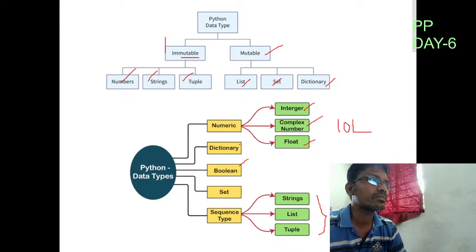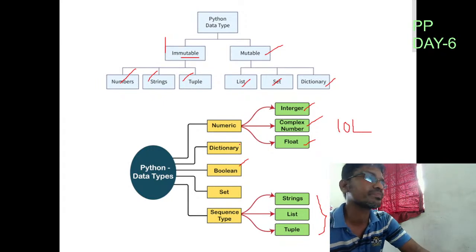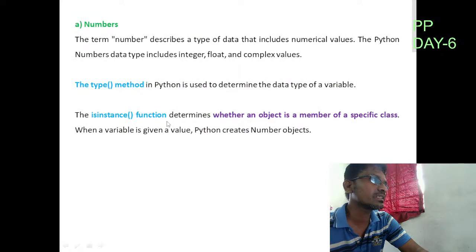So these are the different types of data types, as well as the literals and objects in Python. Let us see the first data type, that is the number data type. What is a number data type? It contains only numerical values.